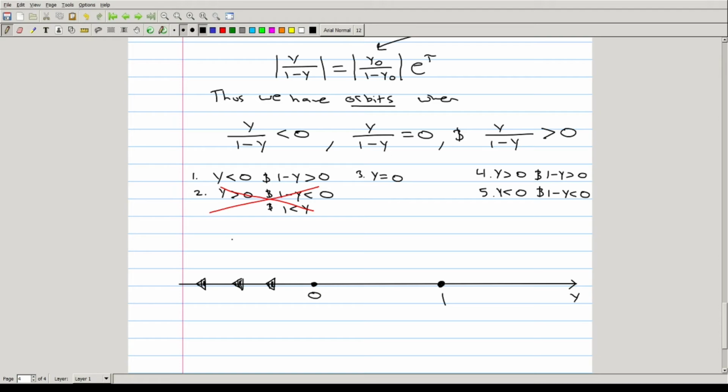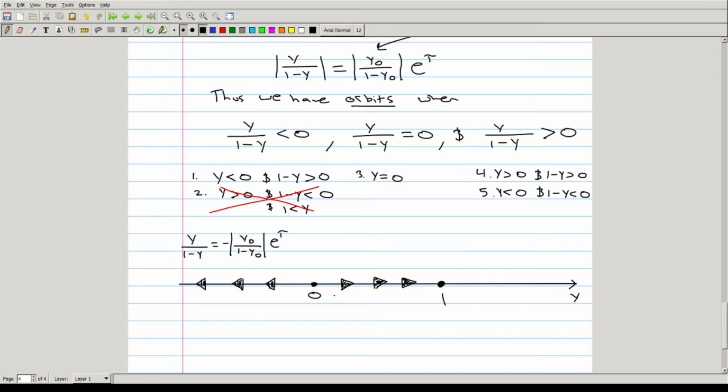You can write down the relationship exactly. It'll be y over 1 minus y is equal to the absolute value of negative y naught over 1 minus y naught, times e to the tau. And you can go through and solve for y in this if you want the exact expression for the solution. What we solved for when we did the Verhulst population model was for initial conditions from 0 to 1, because these corresponded to the physical scenario we were talking about.